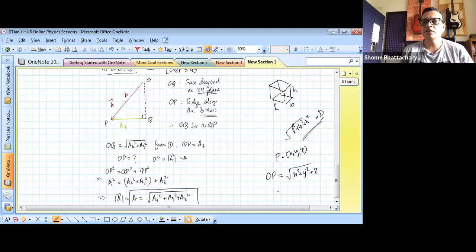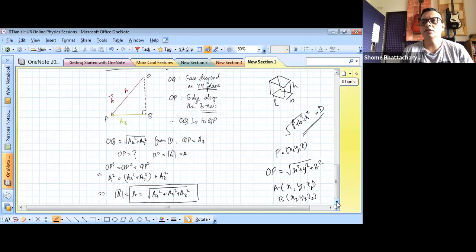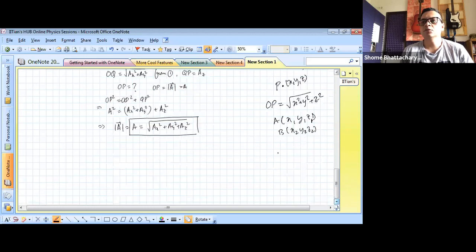Similarly, if you have 2 points, A which is x1, y1, z1, and another point B which is x2, y2, z2, then the distance AB becomes root of x1 minus x2 whole square plus y1 minus y2 whole square plus z1 minus z2 whole square.